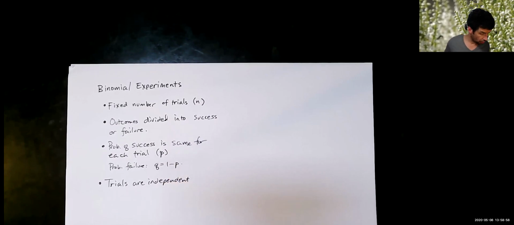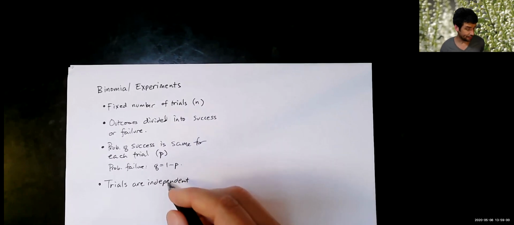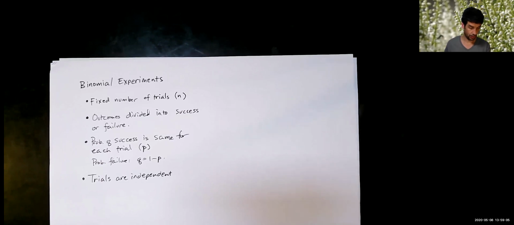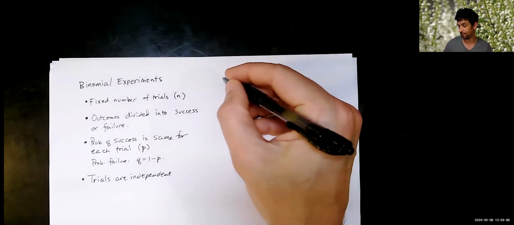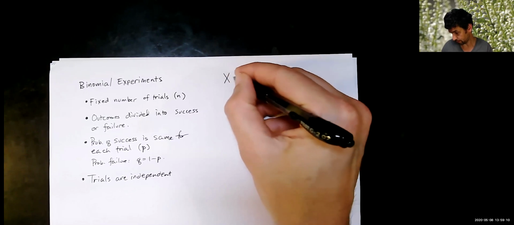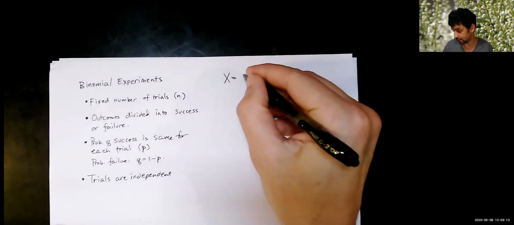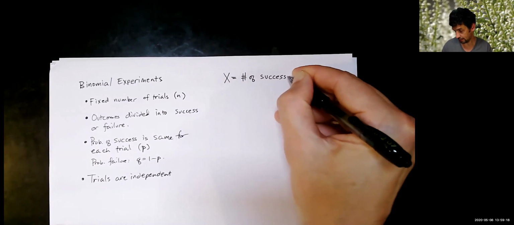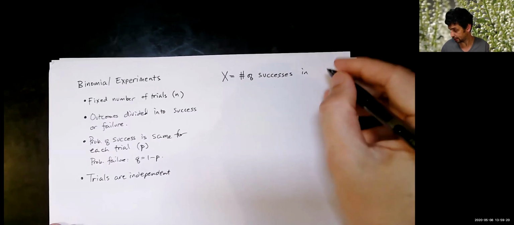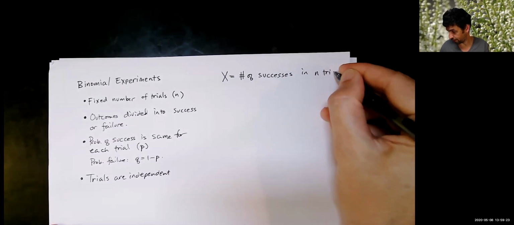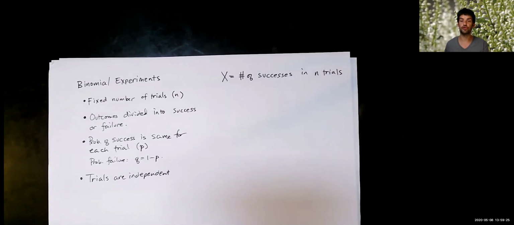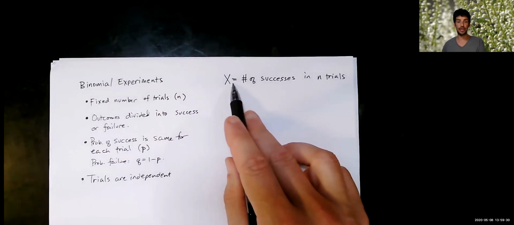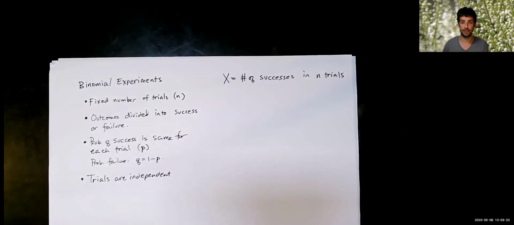Okay, so when we have an experiment like this, we can name a random variable in the following way. X equals the number of successes in n trials, right? Whatever that number of trials is. And if all of these things are true and we name a variable this way, right?